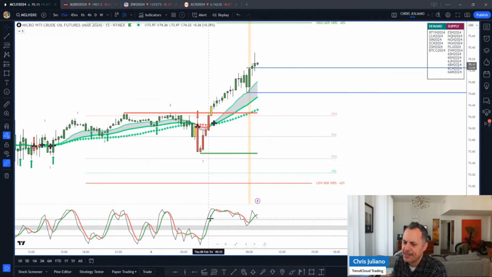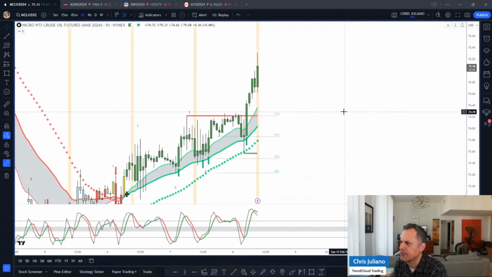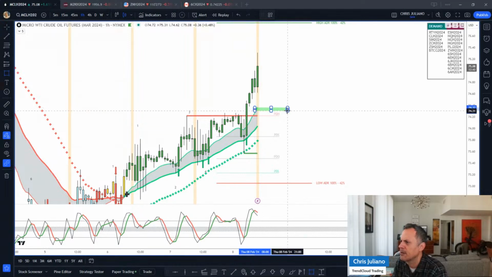We really want that timing indicator. You know, if you're in a situation like this, you don't really see a clear zone. You have to go out to the 1 hour chart. And what do we have? We've got the 1 hour trend cloud right in here.